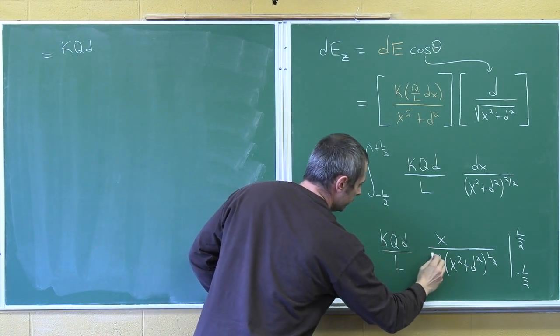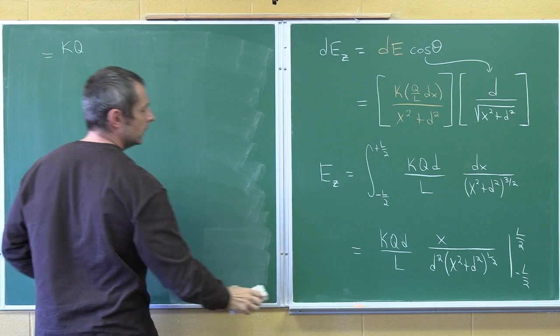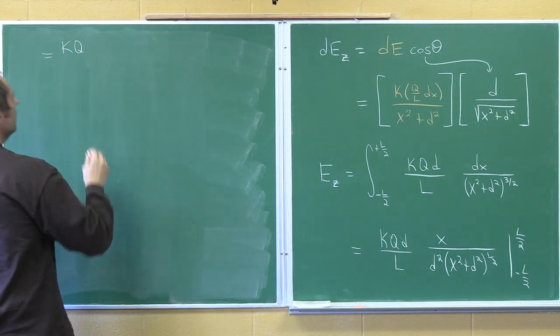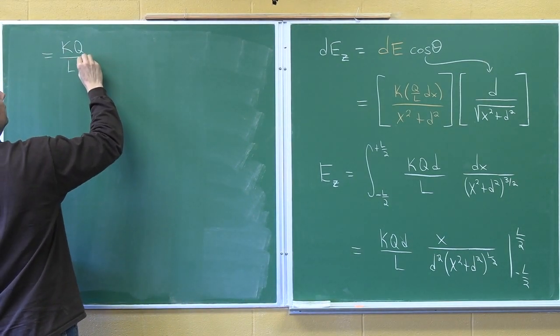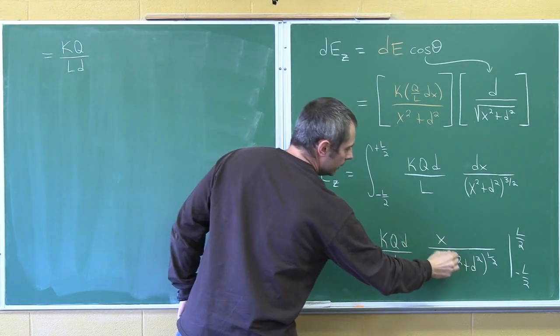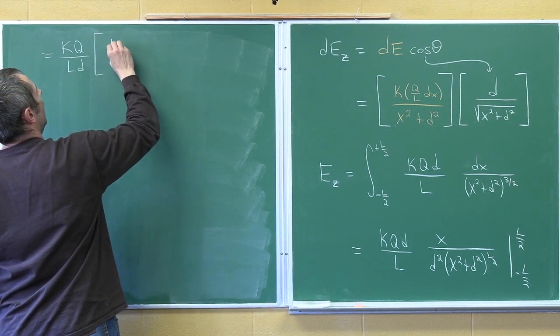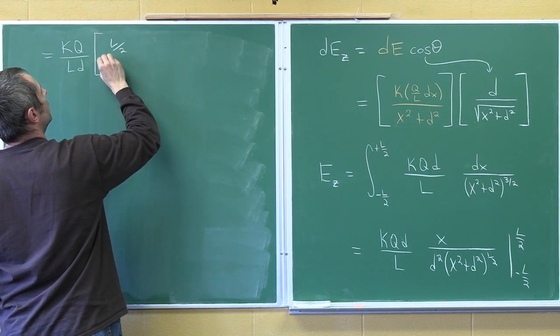We could also do this, get rid of that. So K, Q, L, D on the bottom. And then plugging in L over 2 in here and here gives me L over 2.